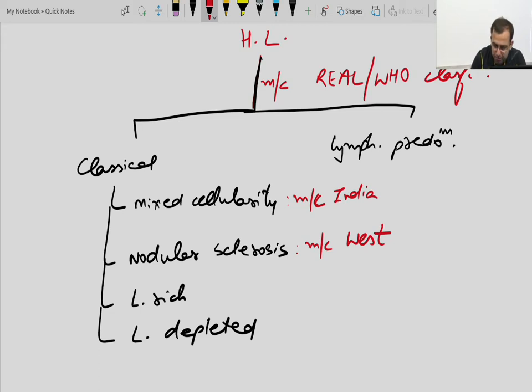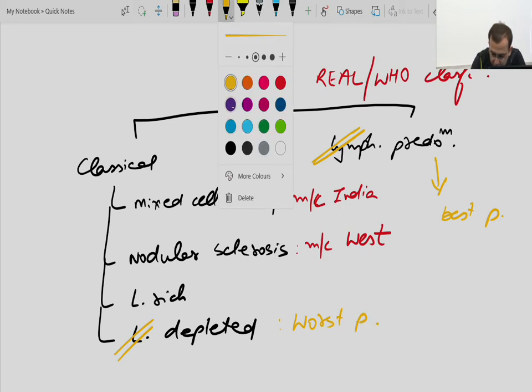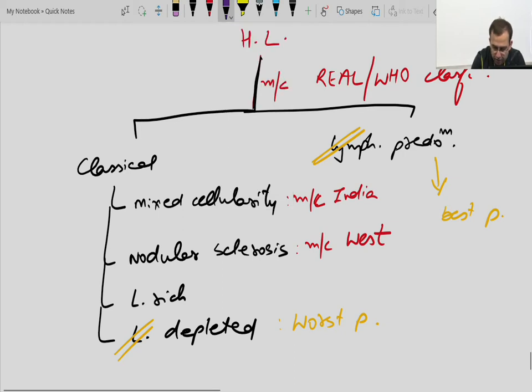Next point, best prognosis Hodgkin's lymphoma is lymphocyte predominant. Worst prognosis, lymphocyte depleted.